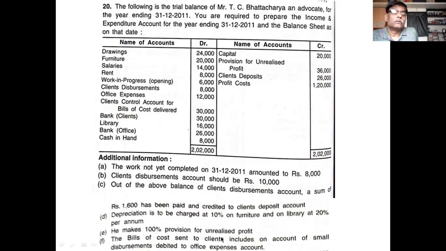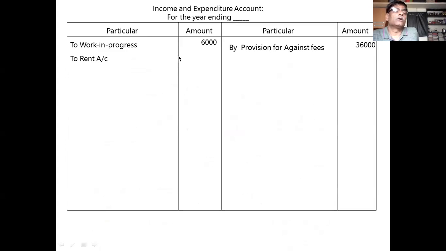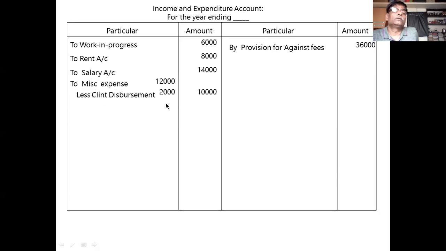You remember this. This is the problem. You see here. Provision: opening provision is 36,000, work in progress 6,000, rent, salary, miscellaneous expense, take 12,000 in the inner column, less disbursement 2,000, 10,000.